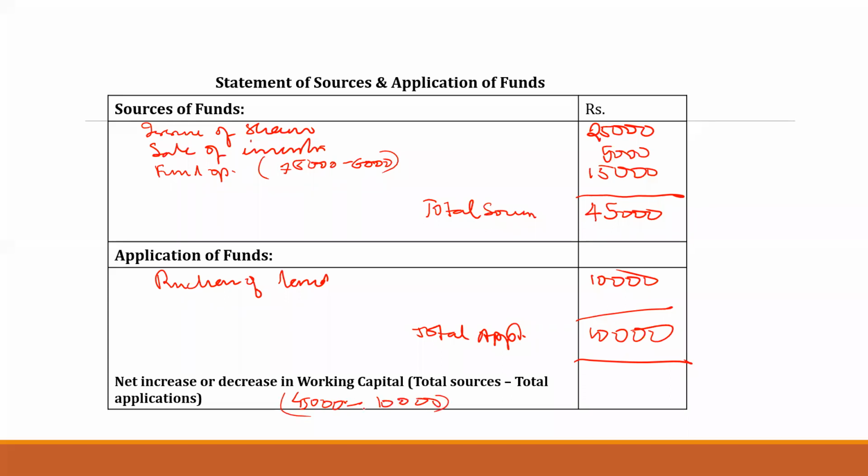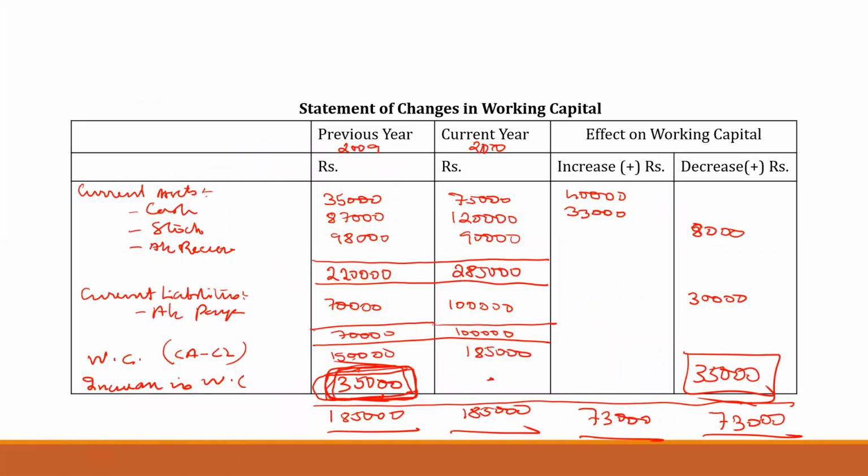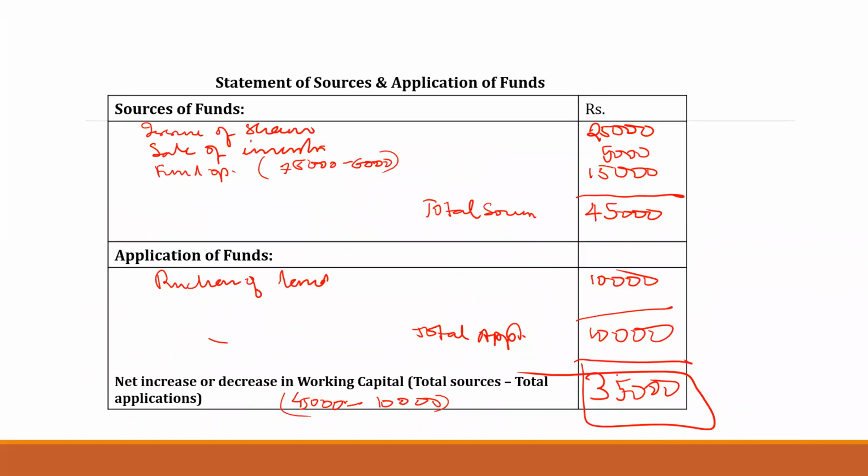What is that? The statement of changes in working capital also showed us an increase in working capital of 35,000 rupees. The fund flow statement also showed an increase of 35,000 rupees.